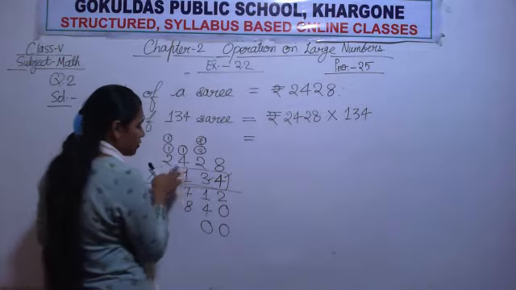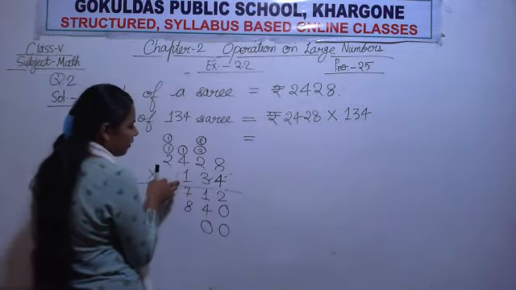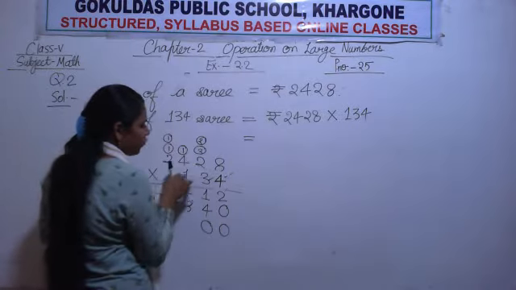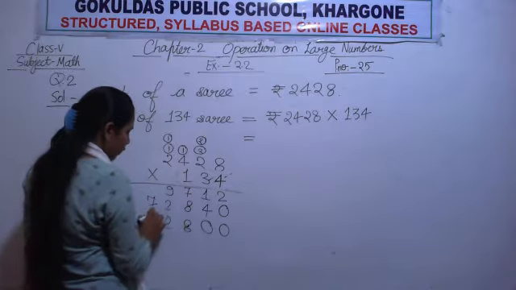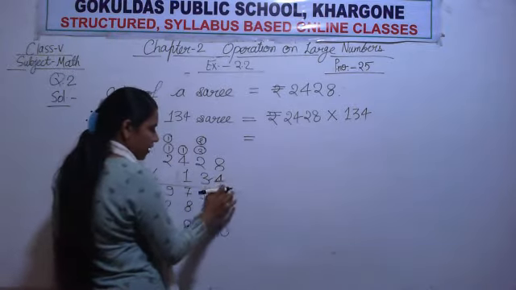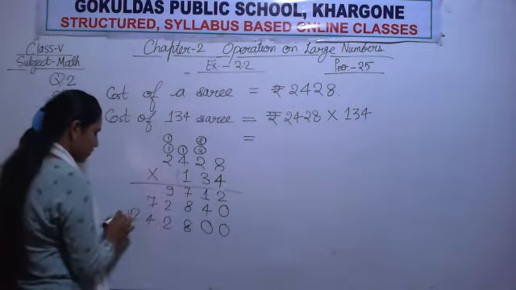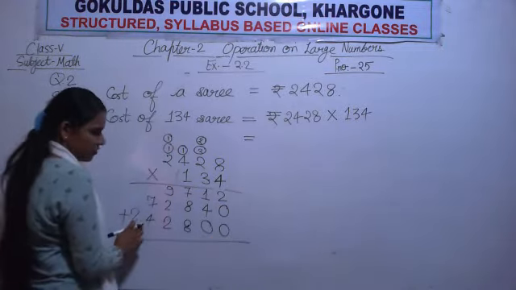Now multiply by this 1. Now multiply 2428 by 1. 1 8 is 8, 1 2 is 2, 1 4 is 4 and 1 2 is 2. Now you have done all these steps. What is the next step? You will add these 3 results.